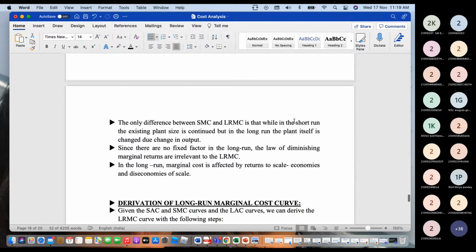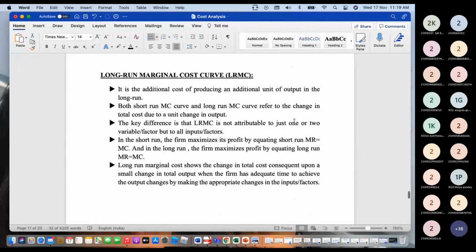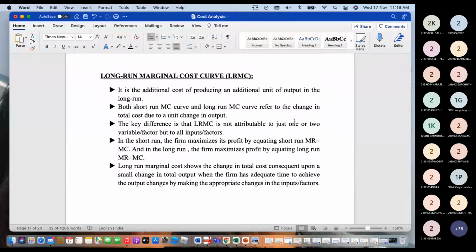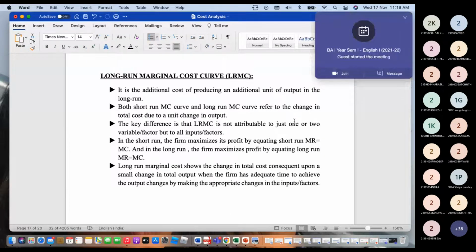So this is what we talk about, that as we have a series of SAC curves in the long run, because every SAC curve represents an increase in the fixed cost. So because we have SAC curves, our marginal cost will also change.